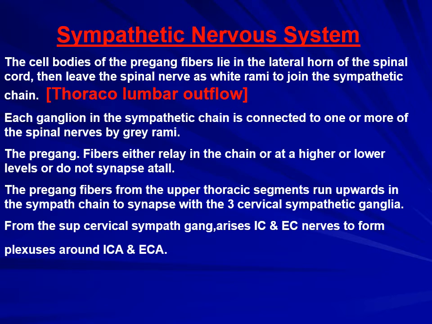The preganglionic fibers from the upper thoracic segments run upwards in the sympathetic chain to synapse with the three cervical sympathetic ganglia, and we are concerned mainly with the superior cervical sympathetic ganglion because it gives fibers to the orbit and globe. The nerves arising from the superior cervical sympathetic ganglion, carrying these sympathetic fibers, form plexuses around the internal and external carotid arteries.